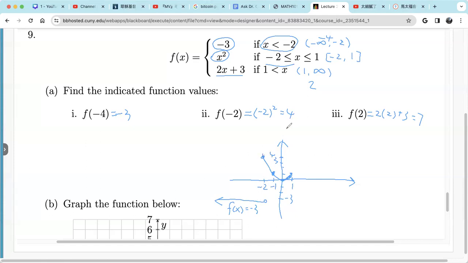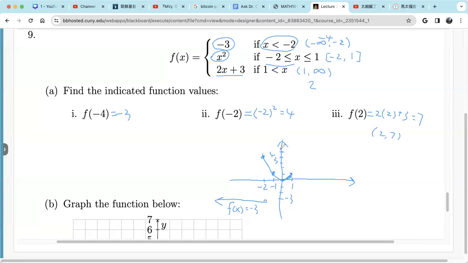The third piece is 2x plus 3. Well, 2 is in the domain. So this one gives us a 2, 7 point. But we have to start to evaluate at 1, then we make an open circle. So if x equals 1, we have 2 times 1, 2 plus 3, 5.